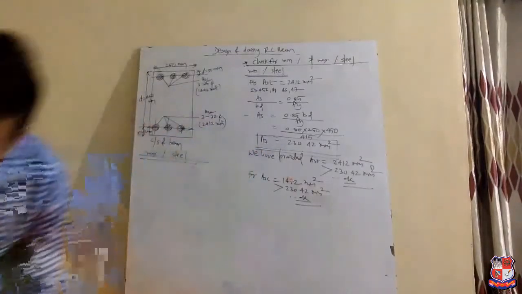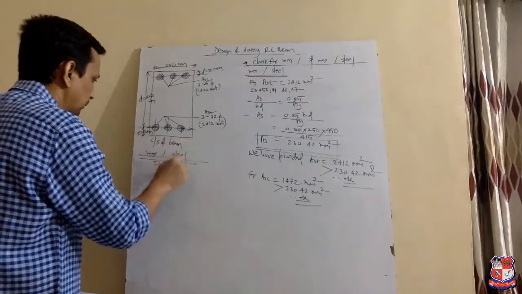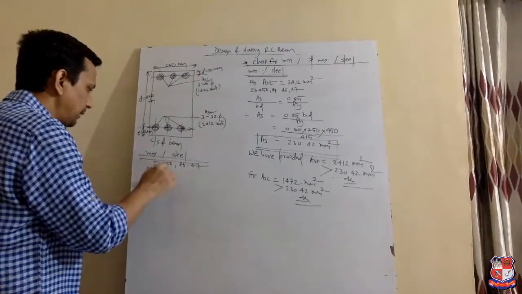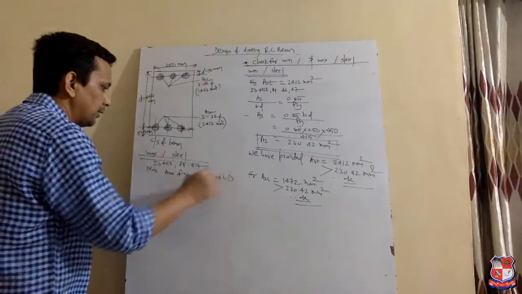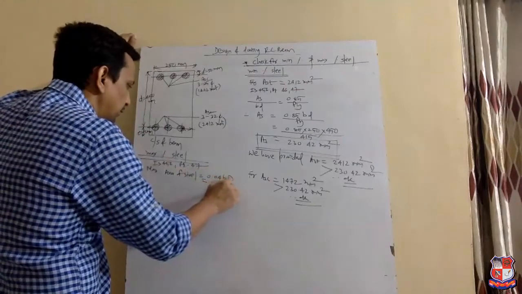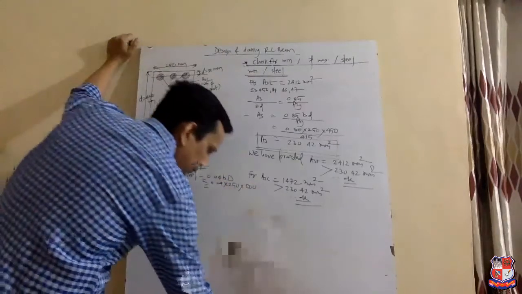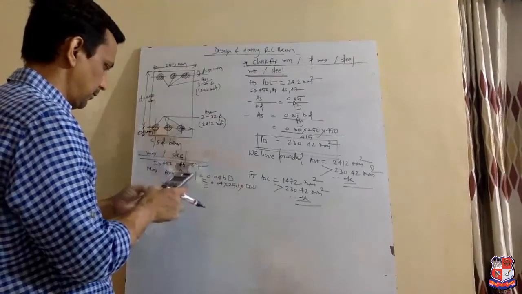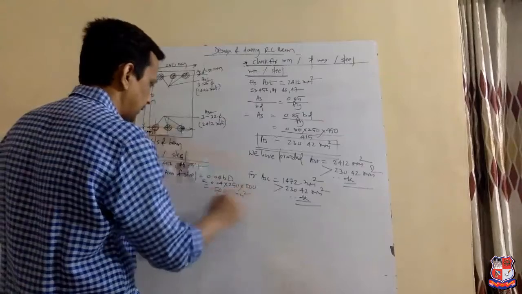As per IS criteria, page number 47, what they have mentioned, the maximum area of steel is 0.04 B into capital D. 0.04 B is 240 and the capital D is 500, which is equal to 5000 mm square. See, okay.